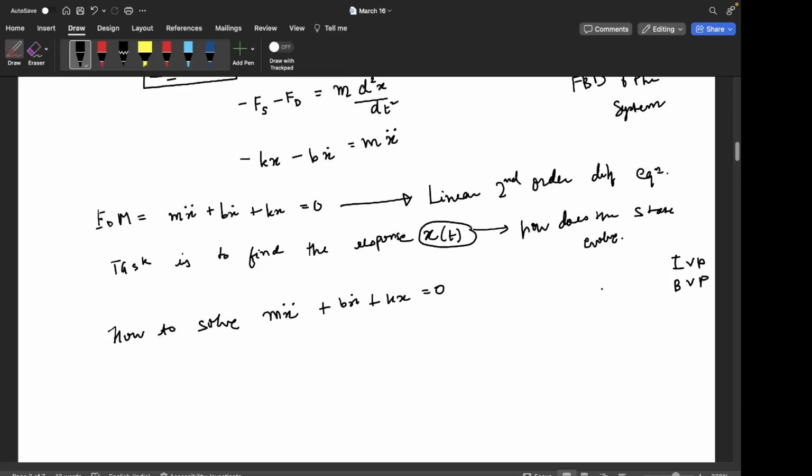So in our case, what we can specify, and it will make sense practically also, is that we know the initial position and we know the initial velocity, right? So these are two boundary conditions. What are they called? Boundary conditions.